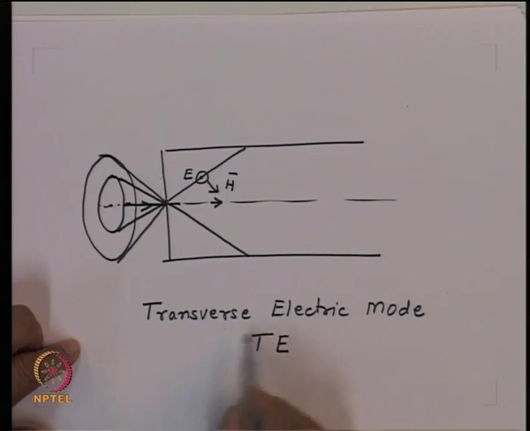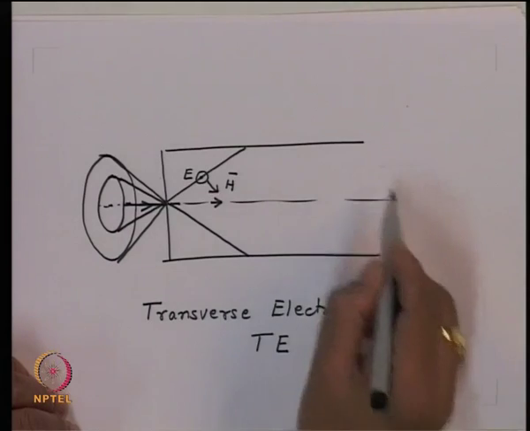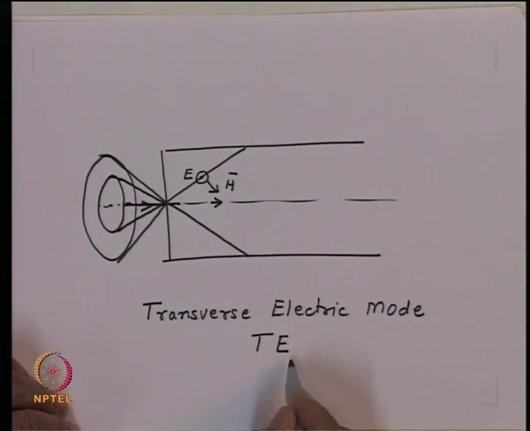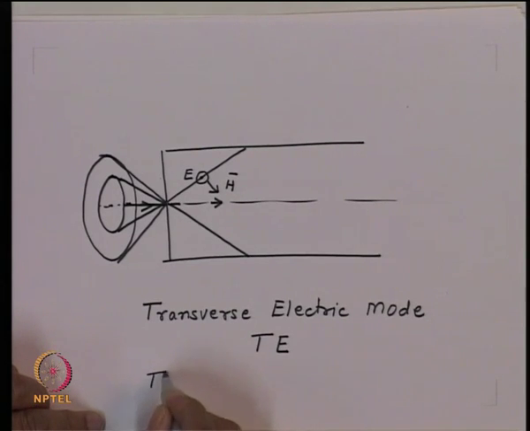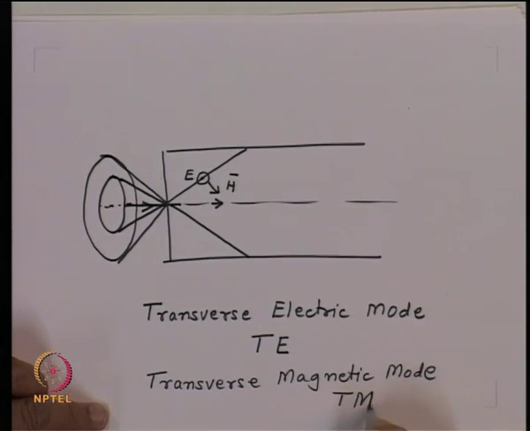So, as we got the transverse electric mode, we will also get the transverse magnetic mode, and again depending upon the variation of the intensity, you will have some index defining the transverse magnetic mode. So, you have a mode which will be the transverse magnetic mode, or we denote it by TM mode.